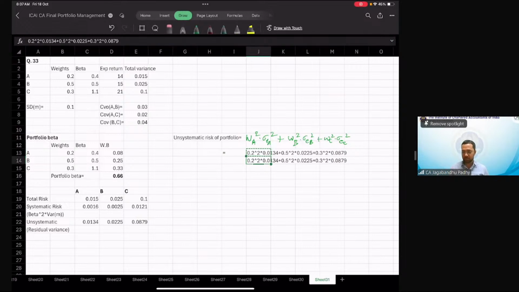So this portion, which is the unsystematic risk, is 0.01407.